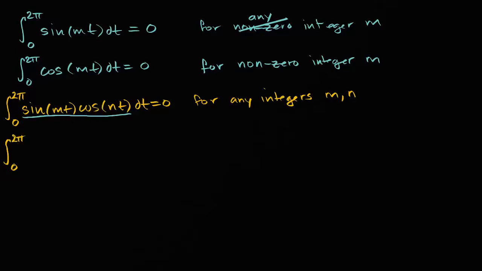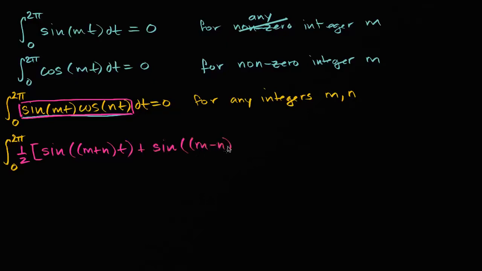So this thing right over here that I'm squaring off in magenta can be rewritten as 1/2 times sine of (m plus n)t plus sine of (m minus n)t, and then let me just close that with a dt.